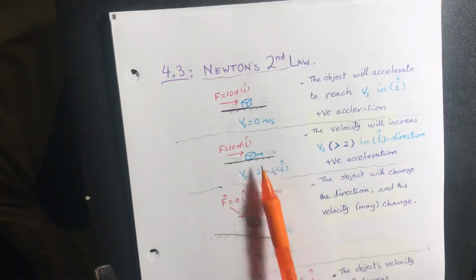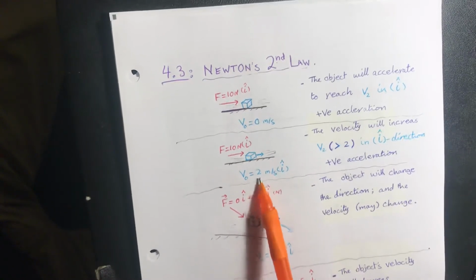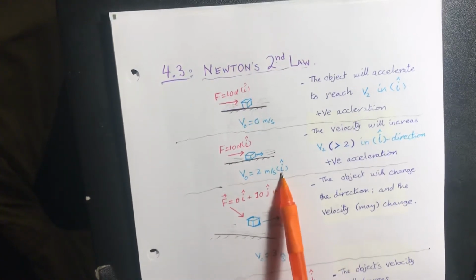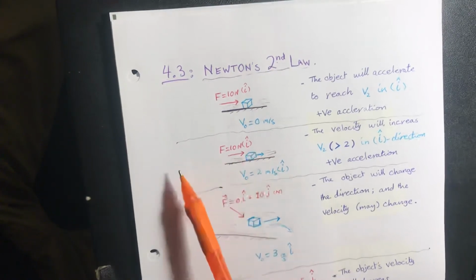Let us now talk about another object with initial velocity not equal to 0 but equal to 2 in the i direction. And the force, again, is 10 newtons in the i direction.